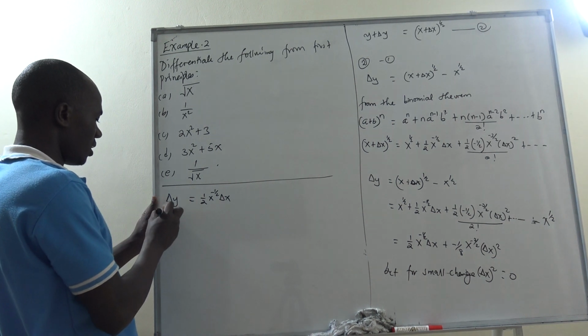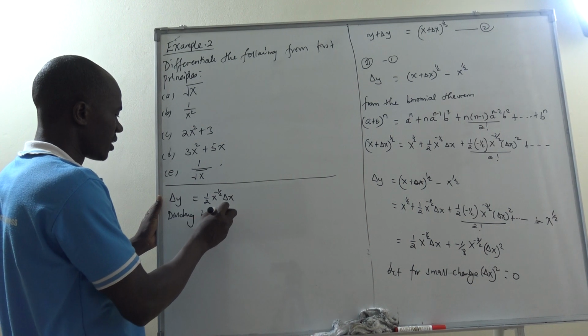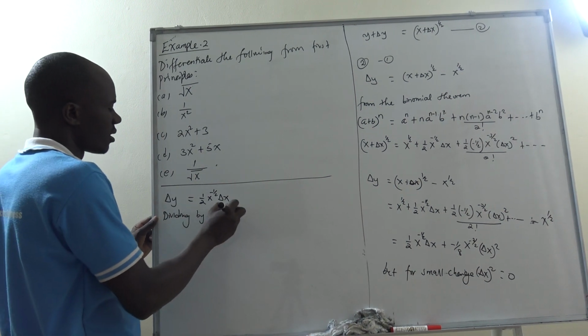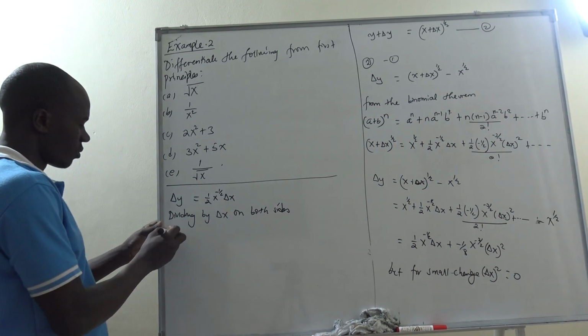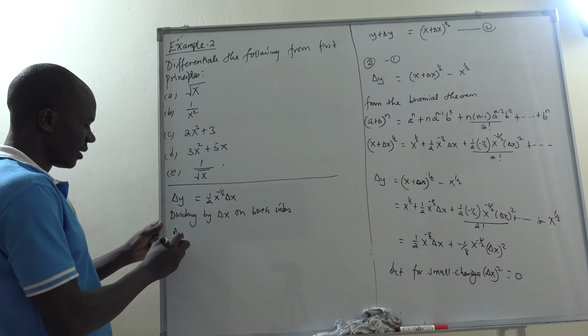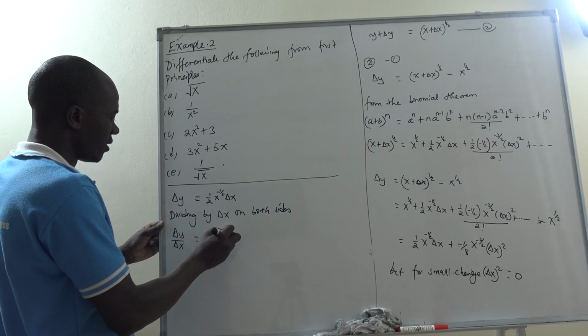Then you can say, dividing by delta x on both sides, we have delta y over delta x, which is equal to a half x power negative a half.